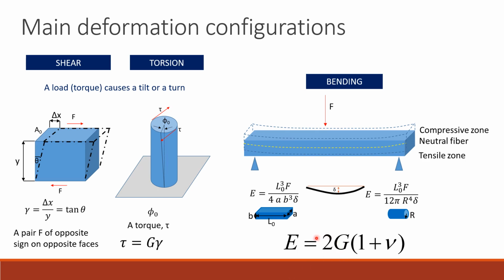Important is that all these coefficients we have seen are related by a quite simple formula as far as we are dealing with isotropic materials. This is the Young modulus, this is the shear modulus, and this is the Poisson ratio.